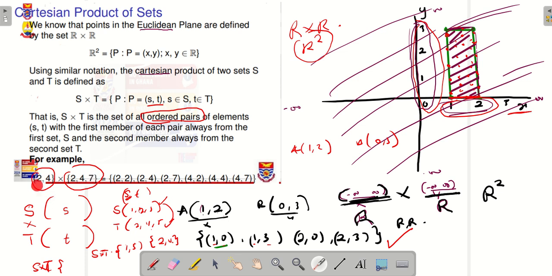Once we are done with all the pairs for the first value, we come to the second value in the first set. So 4 also pairs with the first, the second, and the third. All these are the ordered pairs, or the ordered combinations, of these two sets, and this is what we call the Cartesian product of these two sets.